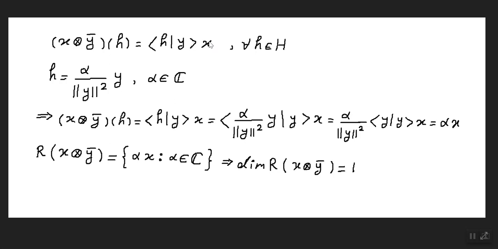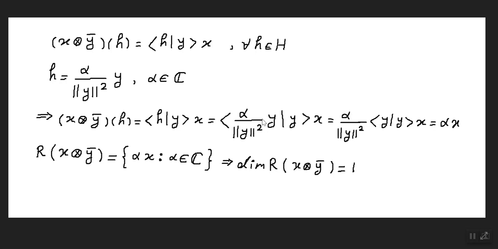More precisely, for every scalar alpha I take h to be alpha over the norm of y squared times y. So h is a scalar multiple of the element y. Since y is non-zero, the norm of y squared is non-zero, so this makes sense. Now this operator maps h to the inner product of these two times x.